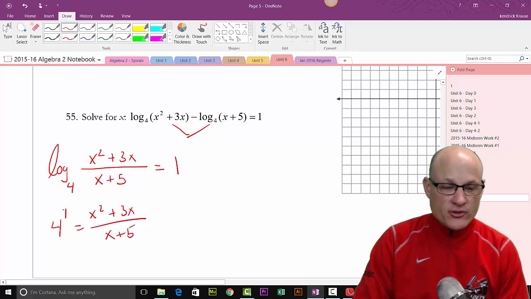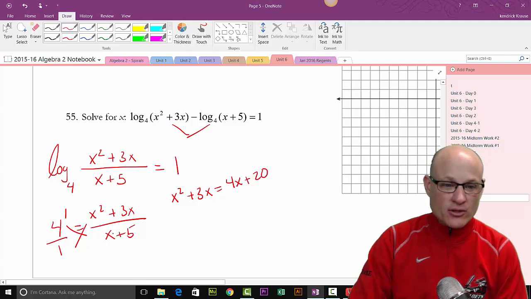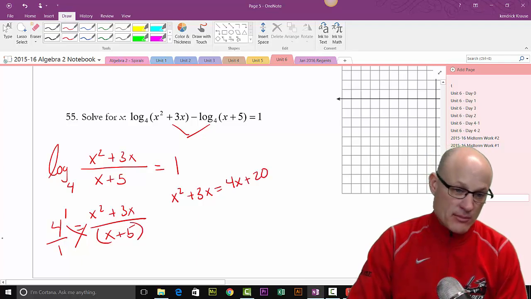Change the base. This is just 4. So cross multiply. So I get x squared plus 3x equals 4x plus 20. Remember, we're going to cross multiply, or just multiply both sides by x plus 5.